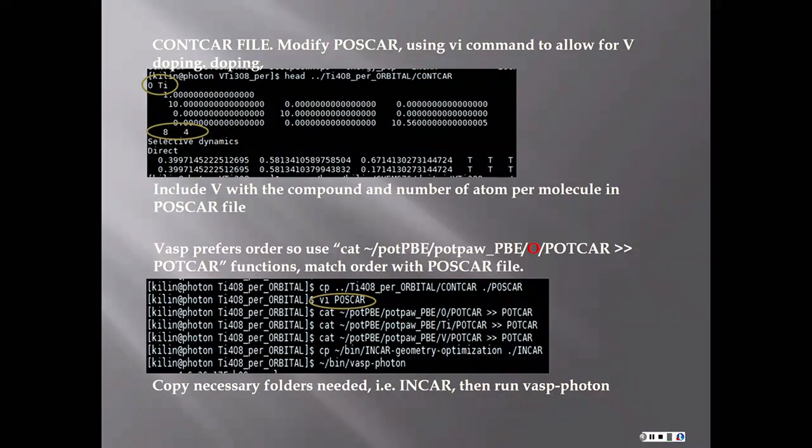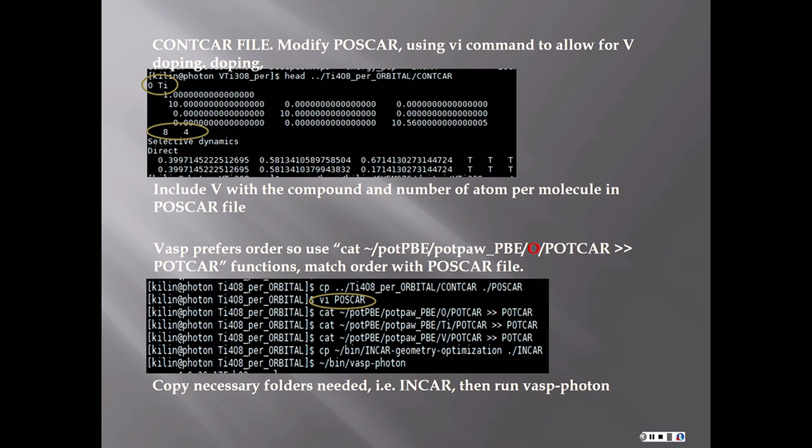Oh, okay. Alright. So include your element there, and then include the number of atoms there. And right here I show using the vi command to edit your POSCAR file to include your doped species. Also, VASP prefers orders, so before you run your VASP file, you want to use this command to put your elements in the order that it's presented in your POSCAR file.